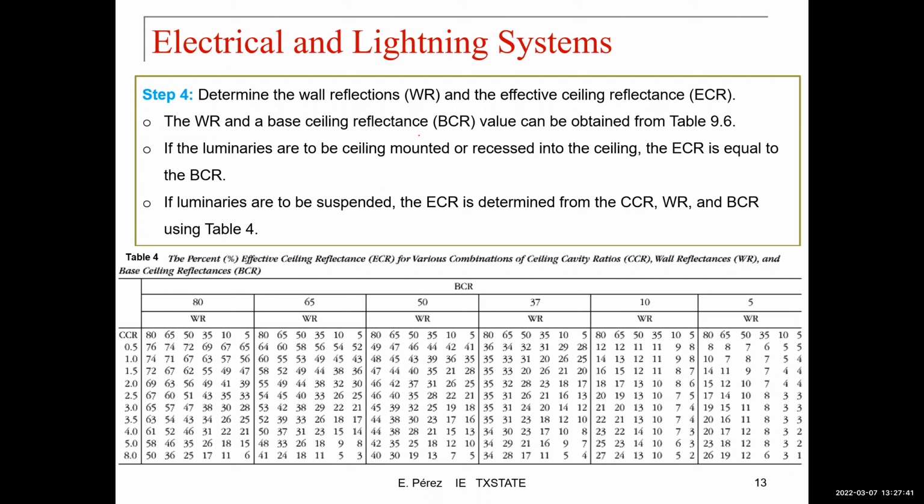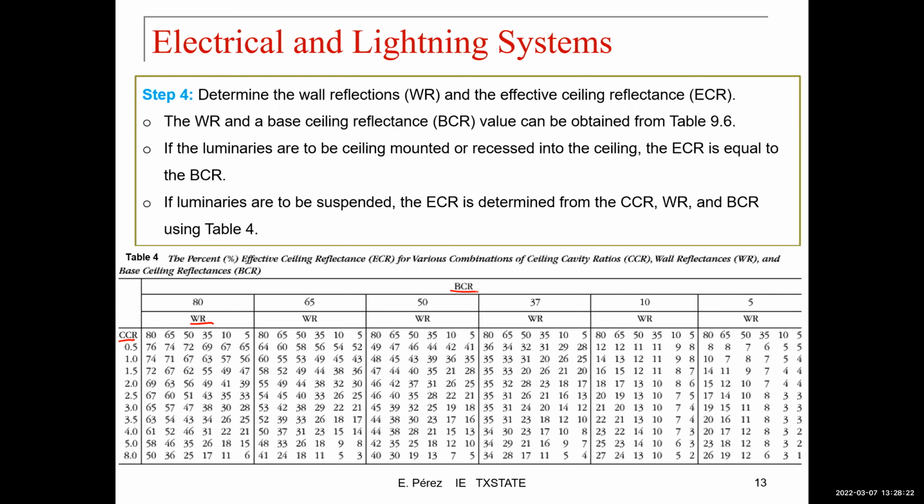Once we have the information about the CCR, the BCR, and the wall reflectance, we can determine the ECR based on all combinations of CCR, WR, and BCR. So the percent effective ceiling reflectance, ECR, for various combinations of ceiling cavity ratios, wall reflectance, and base ceiling reflectance.